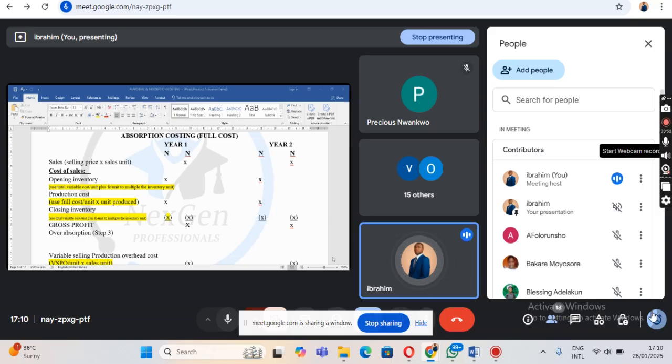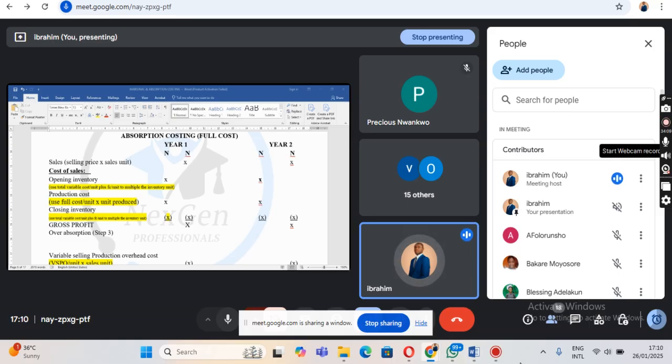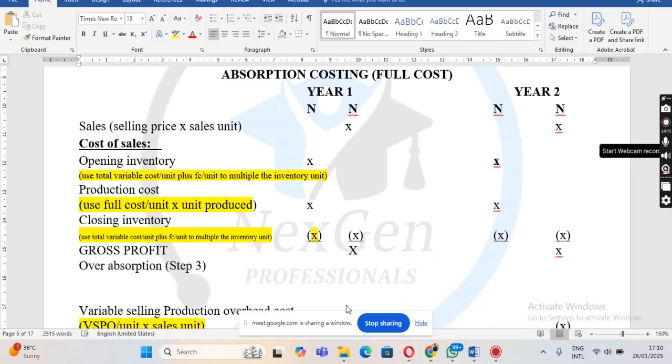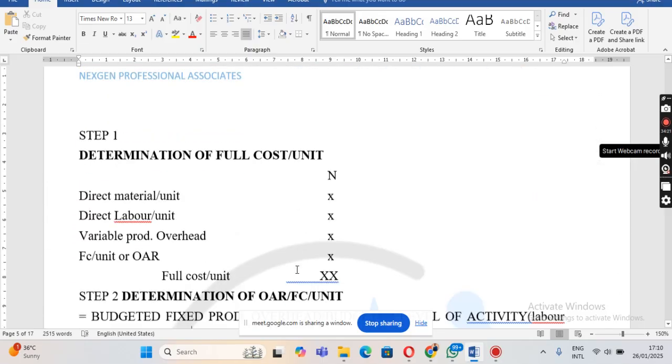Then it becomes over absorption, and what the law says is that you add it to your profit, which means it's like a gain to you. Now the question is, what is the rationale, what is the logic behind this over absorption? Let's quickly go to step 3, so that we understand the reason why it is being added to the gross profit.